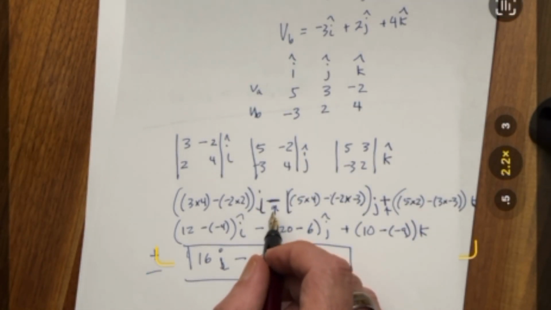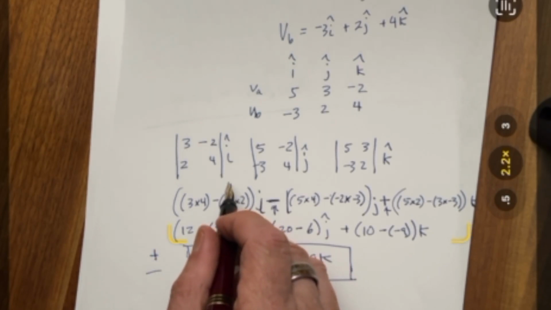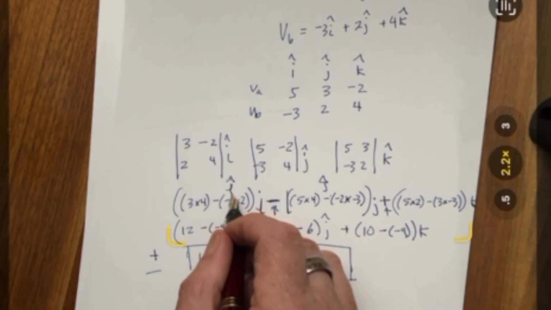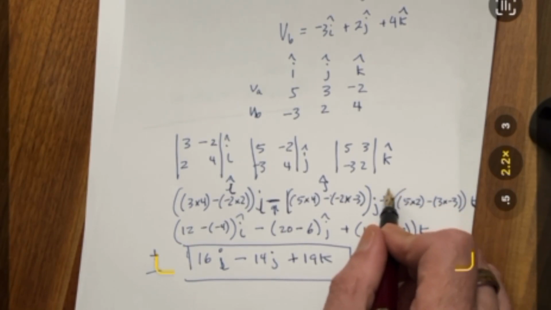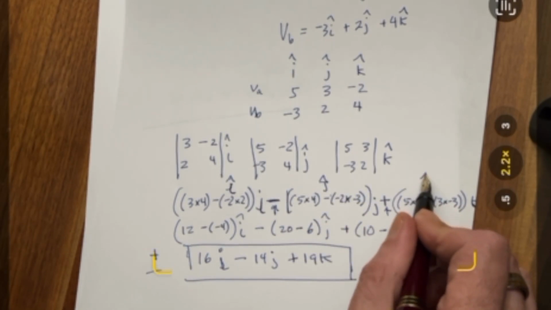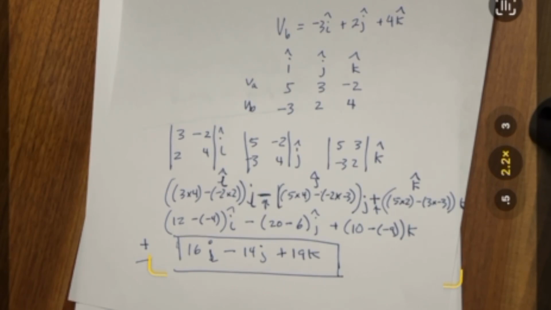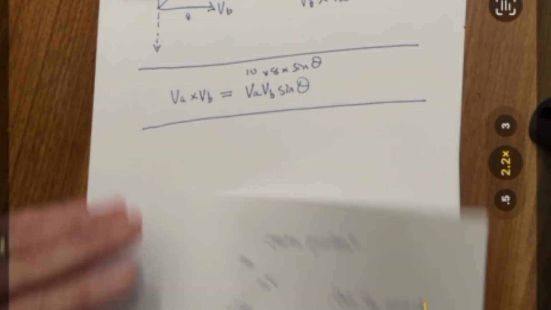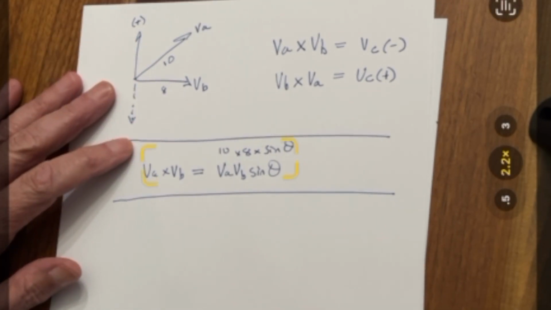And make sure that you put this negative sign in between the first two terms, the i term and the j term, and then a positive sign between j and k. So that's the cross product. And again, I don't have a lot of use for it right now, but that's basically what it is and how you find it.